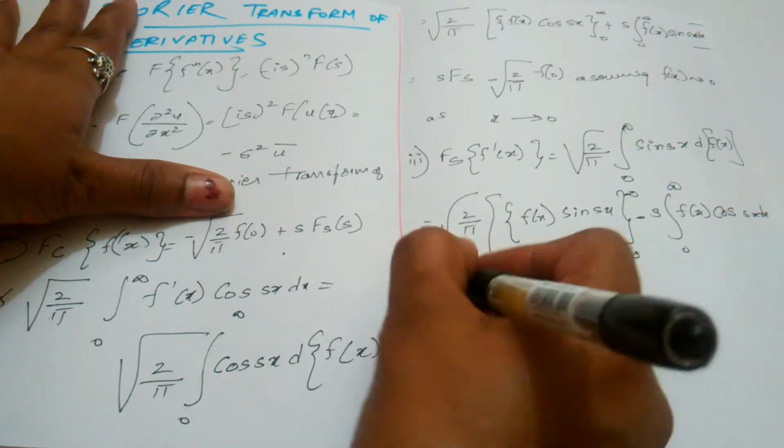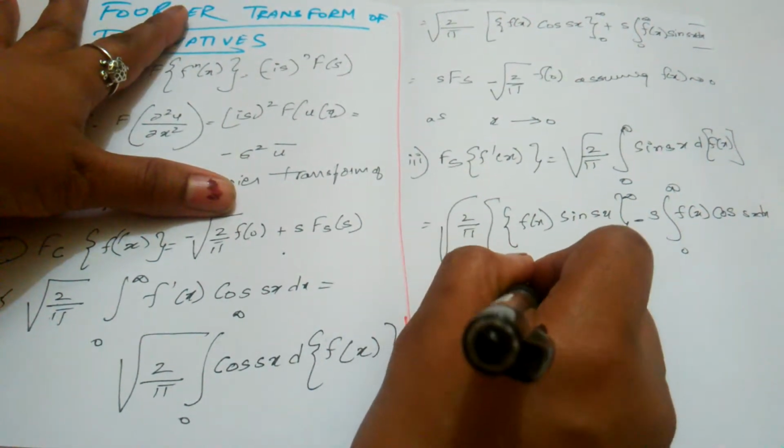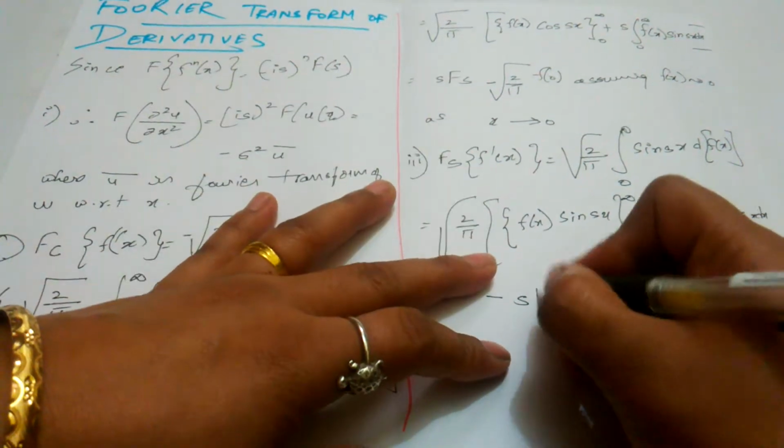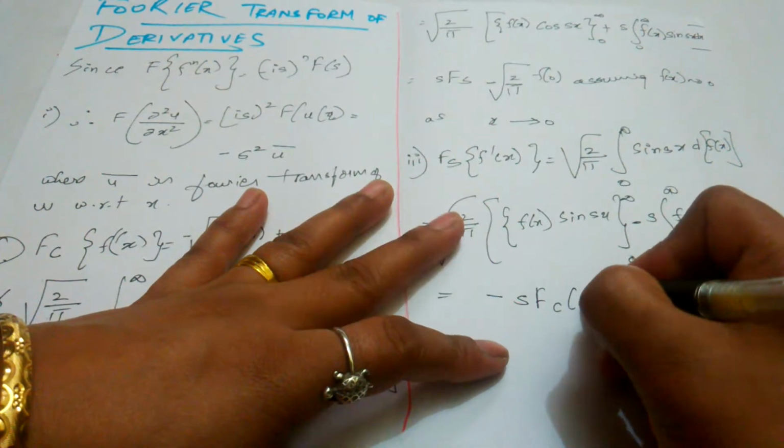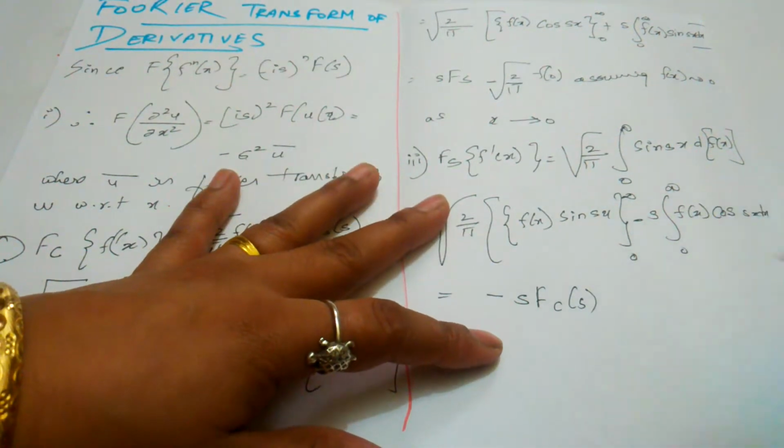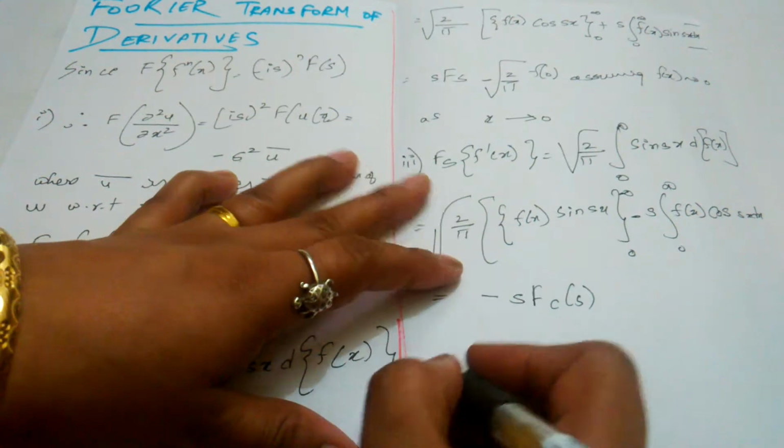As a result, what we are getting is minus s F_c of s. Hence, we have got this value.